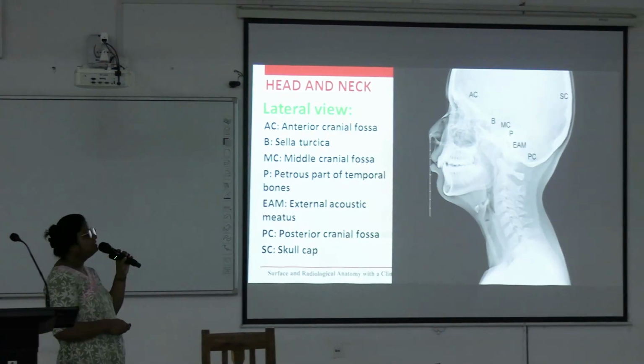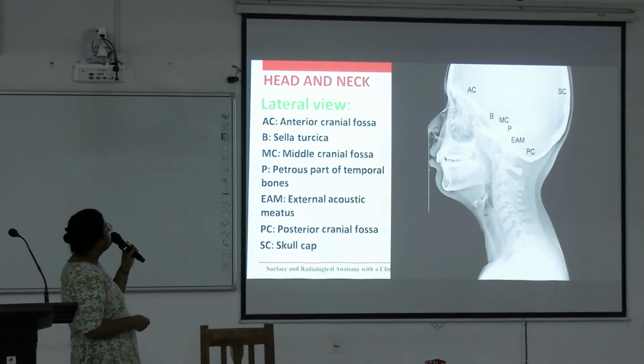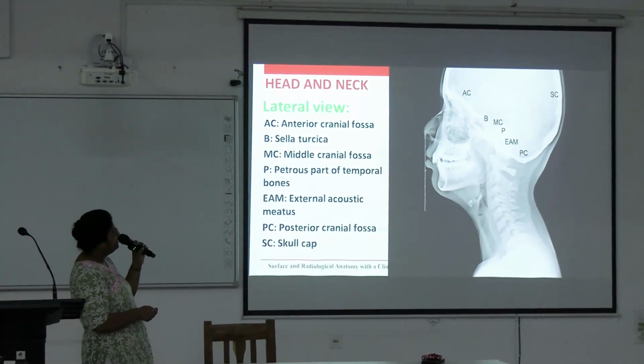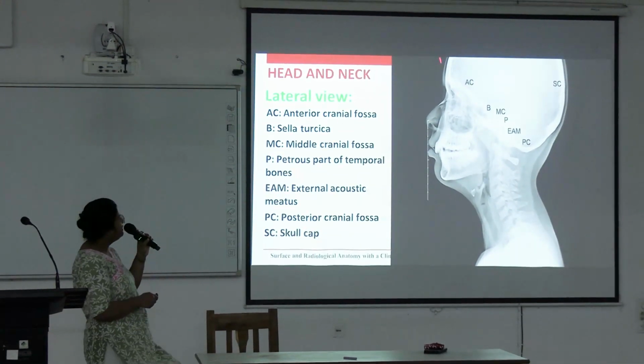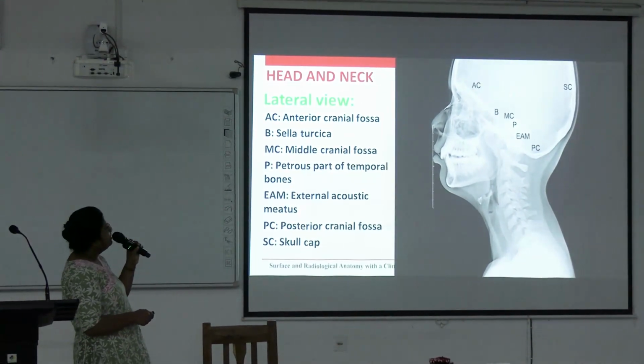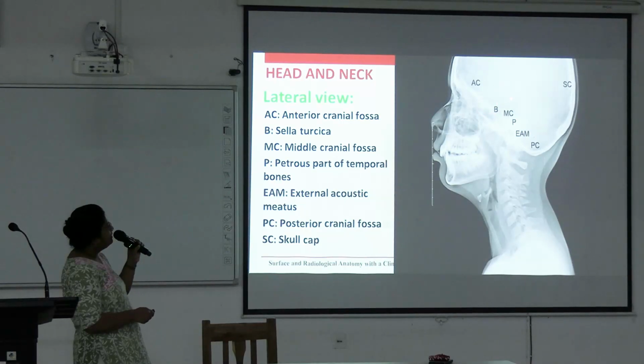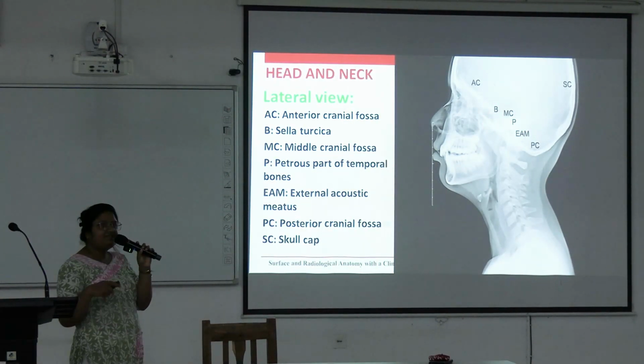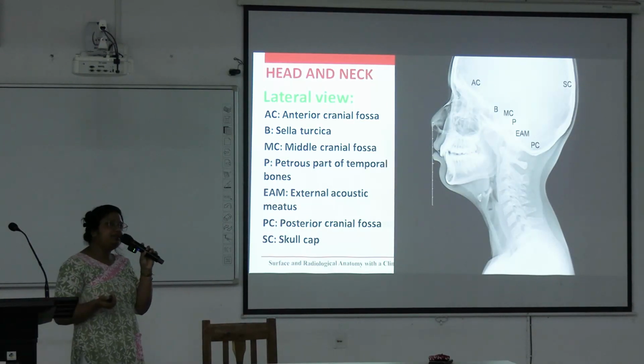Next, we go to the lateral view of the head and neck. Here you get the anterior cranial fossa. Next, this part is the sella turcica, a U-shaped depression which lodges the pituitary gland.